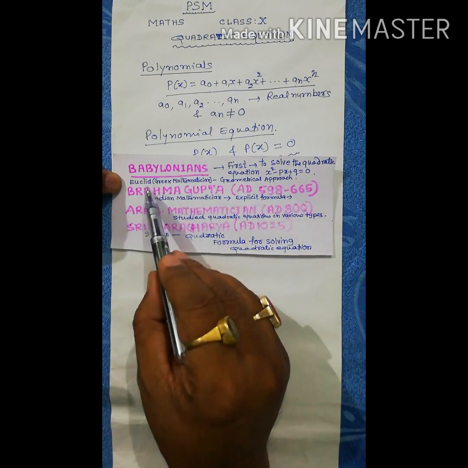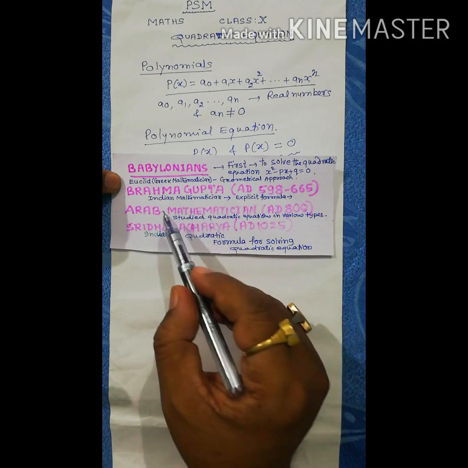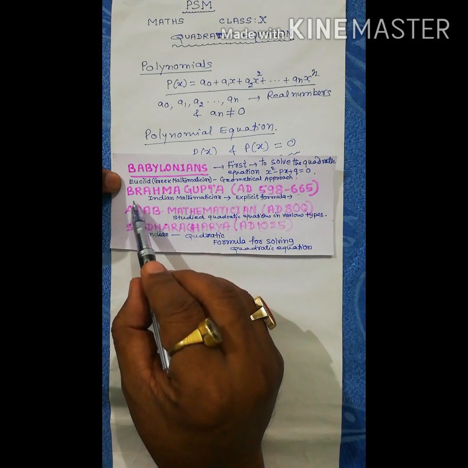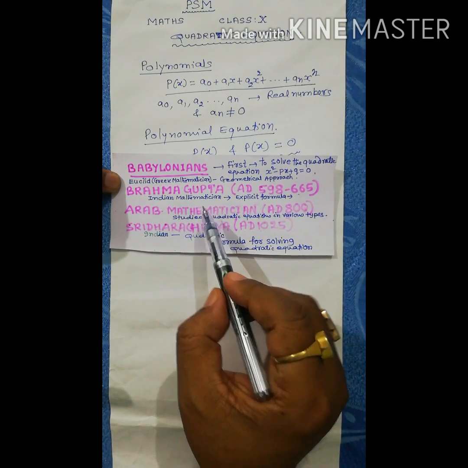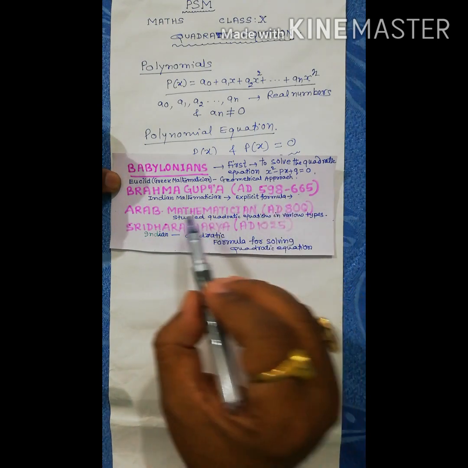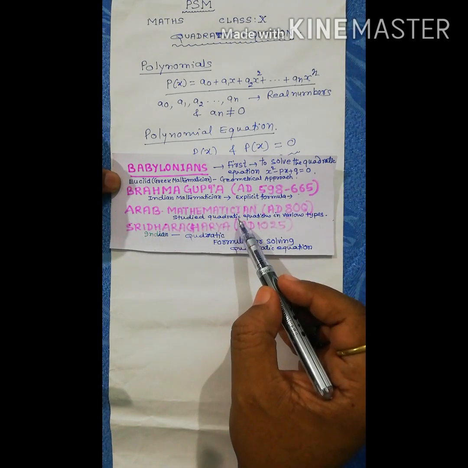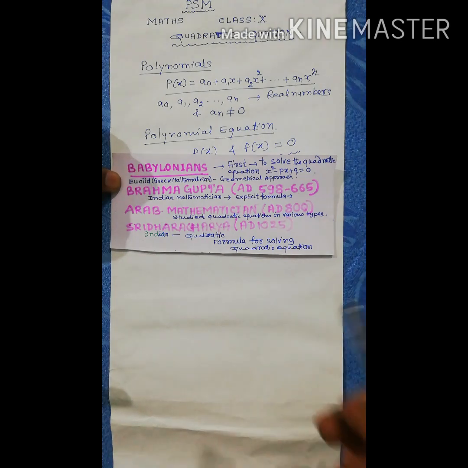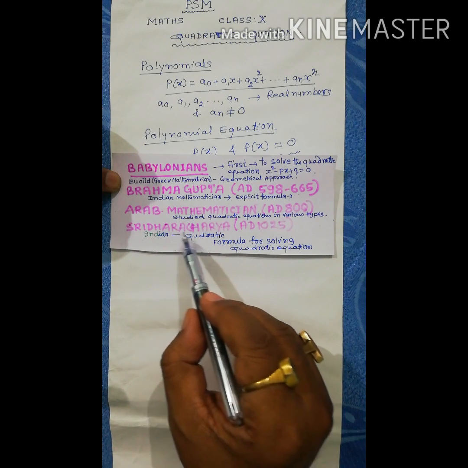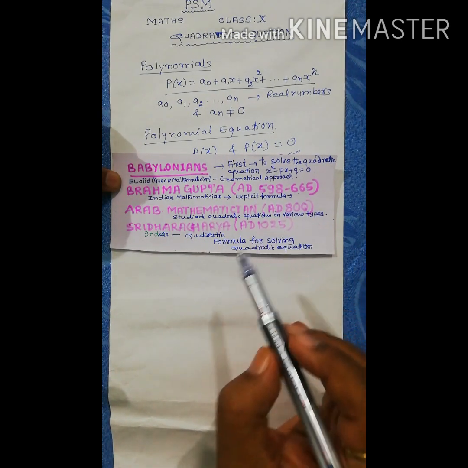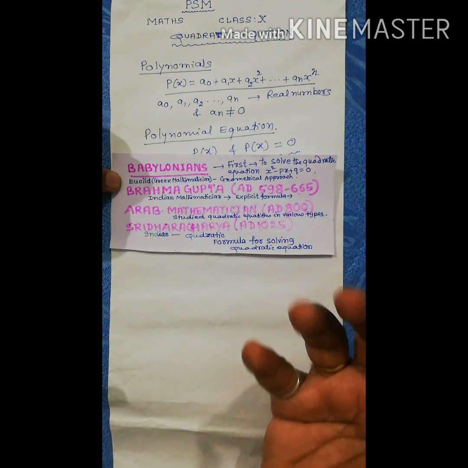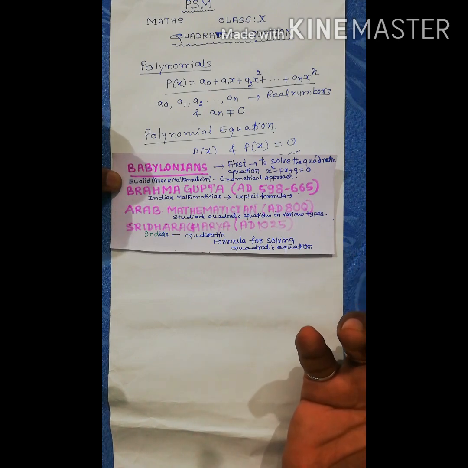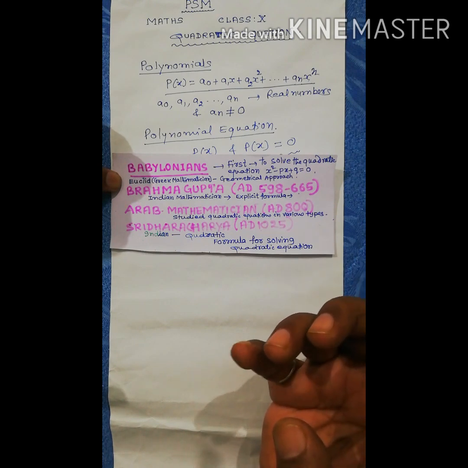By a geometrical approach, Euclid discussed quadratic equations, and then the Indian mathematician Brahmagupta, who lived from 598 to 665 AD, gave an explicit formula for quadratic equations. Arab mathematicians in 800 AD also studied quadratic equations in various types, and afterwards the Indian mathematician Sridharacharya, in 1025 AD, created the quadratic formula for solving quadratic equations.